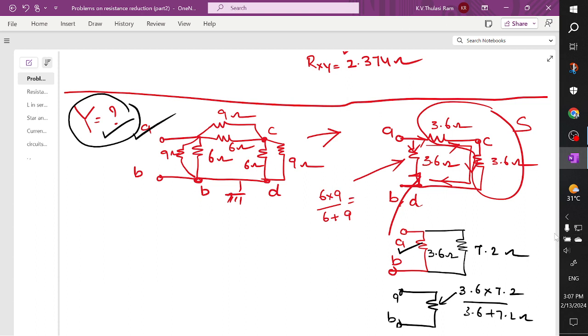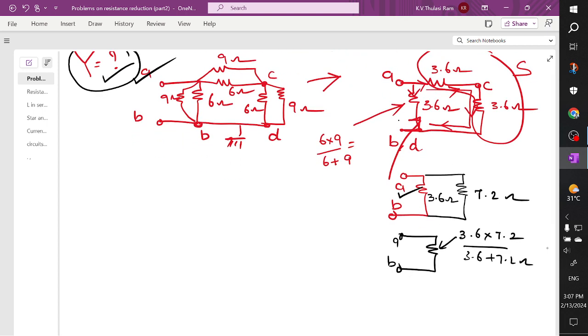So now we need to convert this network into a star network. Here you can see this is connected in the form of delta, and we need to find out the star, the black colored one.